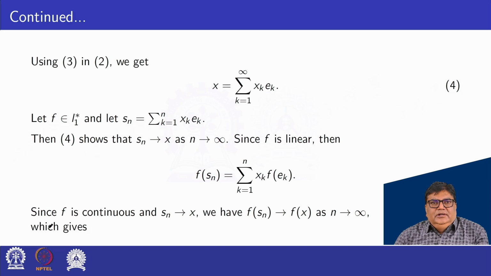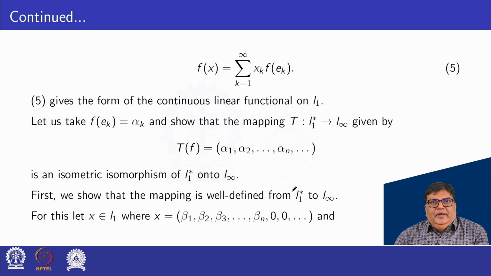Since f is continuous and Sn converges to x, f of Sn converges to f of x as n tends to infinity, which gives f of x equal to summation k equals 1 to infinity of xk f of ek. Equation 5. Equation 5 gives the form of the continuous linear functional on L1.